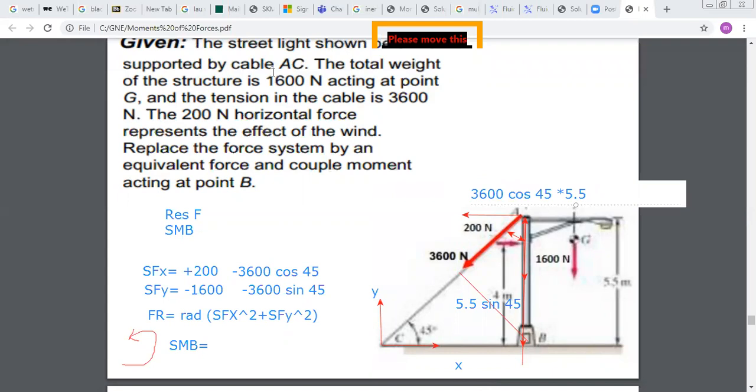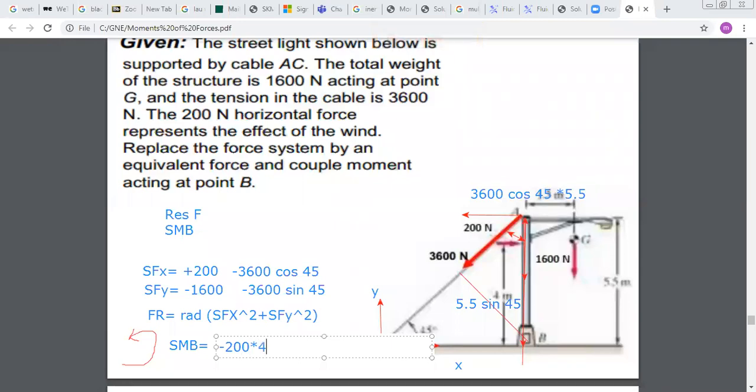And now I can replace into my equation, as we said, for sum of moment about B: the 200 force is doing a negative moment, so it's minus 200 times 4. And also the weight is doing a negative moment, so minus 1,600 times 1.5.